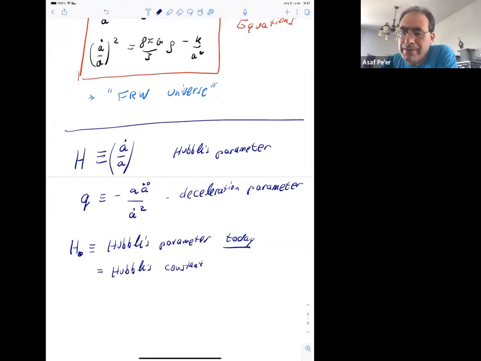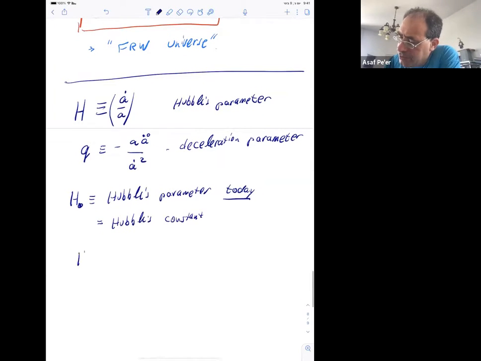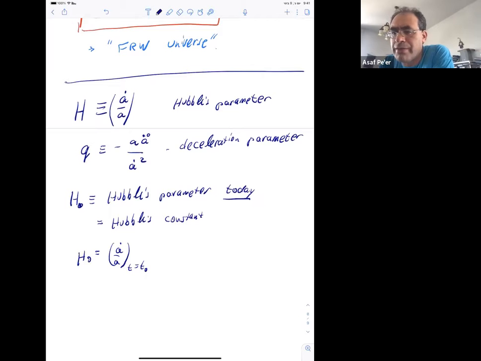Now, the measured value, so H0 is A dot over A today, t equal t0. Again, everything which is 0 in cosmology means today. So the measured value I wrote down is 70 plus minus 3, but there is even a better measurement, the last one is 67.66 plus minus 0.42.